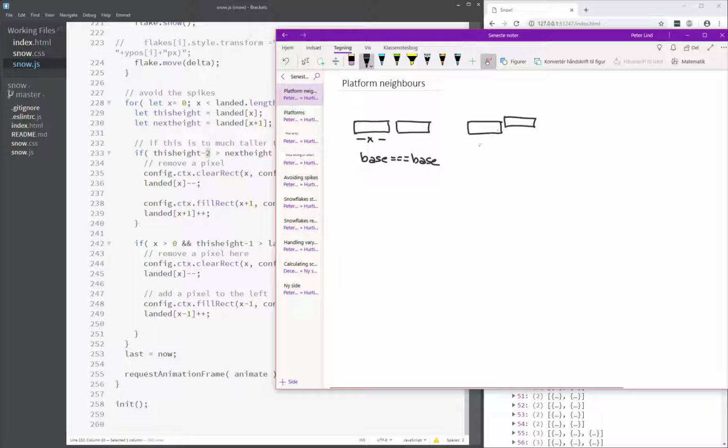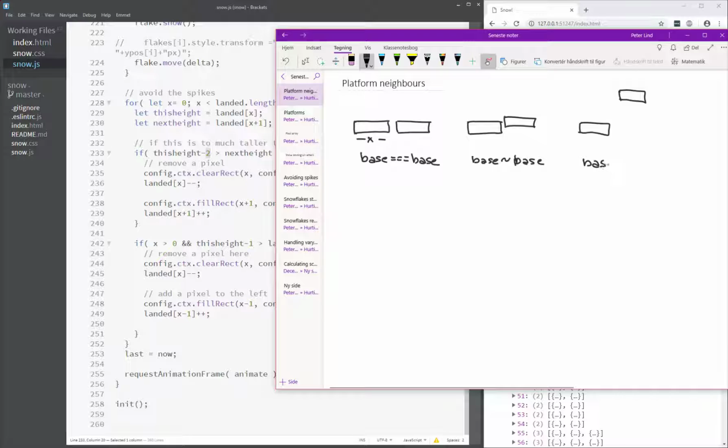But also, if one has a base and the other one is close by, just a few pixels above it. So if base is almost equal to, I'm just writing it like that. It doesn't work in JavaScript, but it works in math. So if base is approximately the same, close, then they're neighbors. But if they're too far apart, like this, then they're not neighbors.